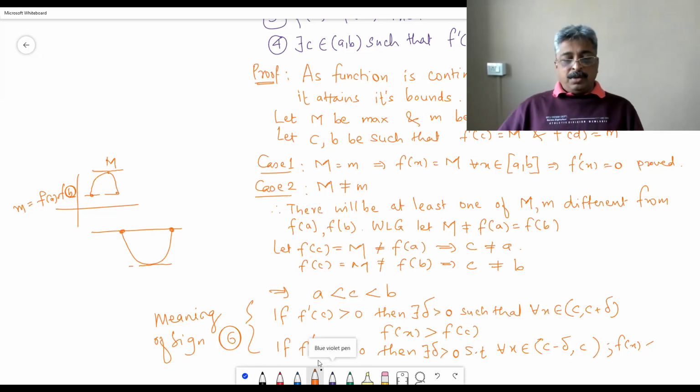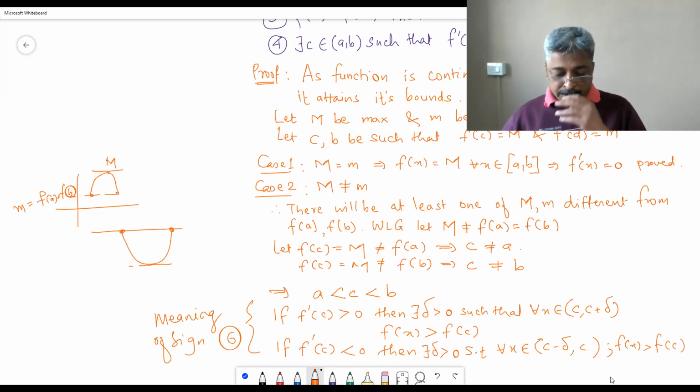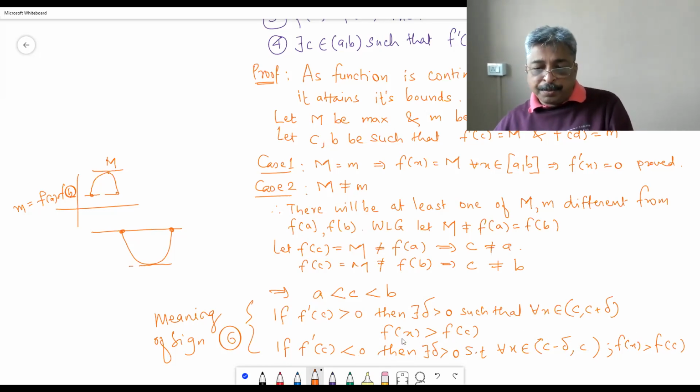If f'(x) is less than 0, that means it is a decreasing function, and to the left of c, f(x) will be greater than f(c). But f(c) is the maximum, so there will be a contradiction. f(x) is greater than f(c), which is equal to M, the maximum value, a contradiction. And f(x) greater than f(c), which is equal to M, is again a contradiction.